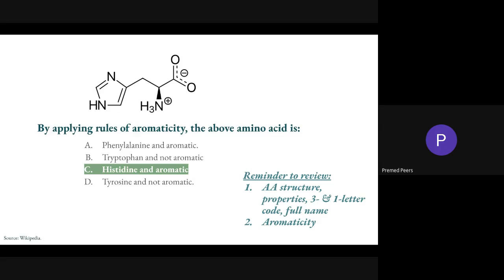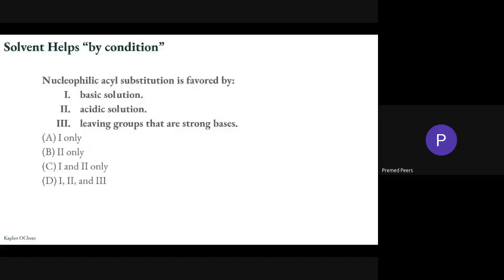And if you go back to the pyrimidine and the purine structures, you will see that histidine can carry some of the aromaticity. Let me see, is it right? One, two. Let me check back on that later.